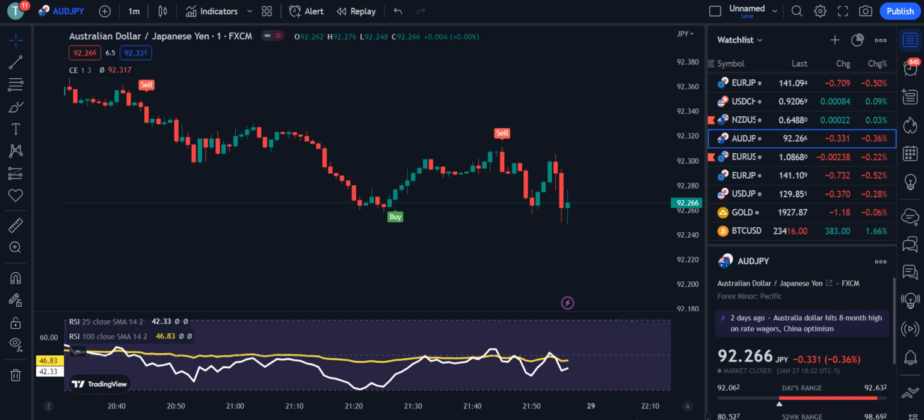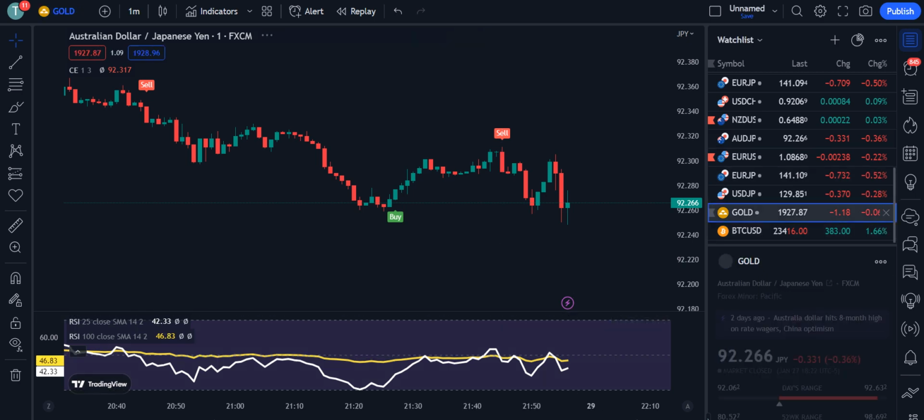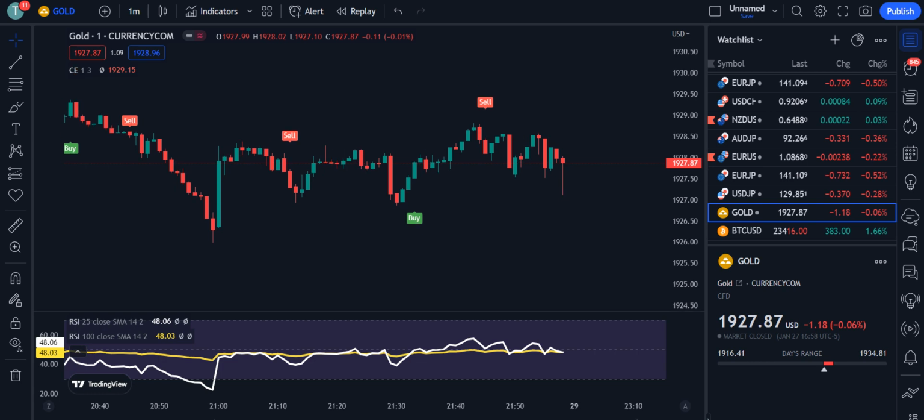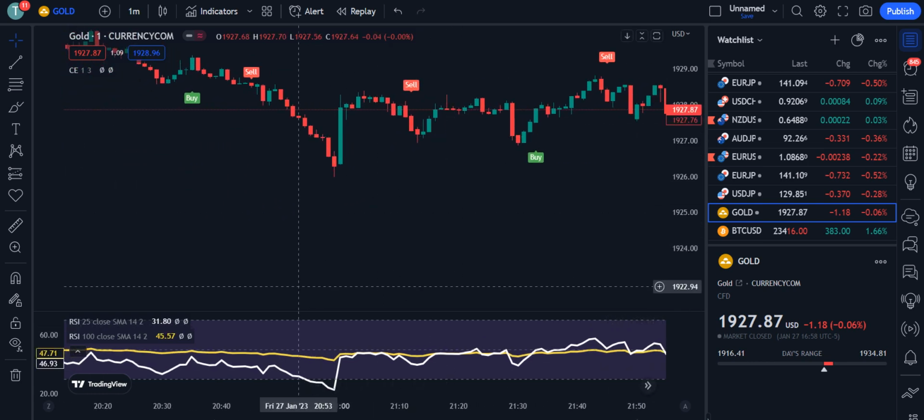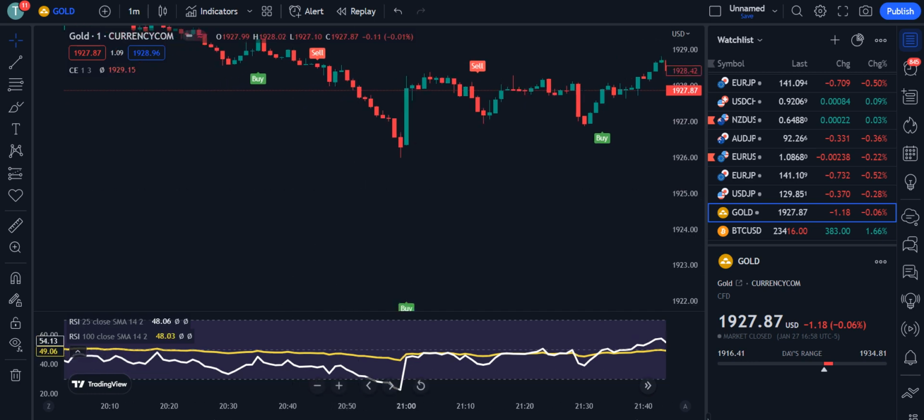If we go into any other market, for example gold, we have to check when to enter into the market for the buy signal and when to enter for the sell. Here as you can see, this is the oversold level. So whenever our market gets to this level, it means the market is going to take a trend reversal.